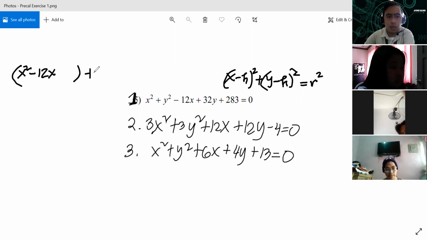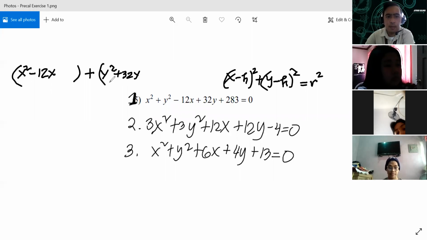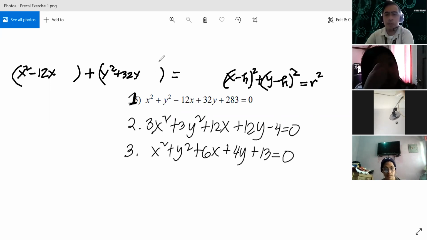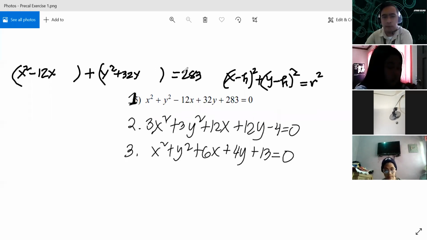And the next one is for the y: y squared plus 32y. Then the constant terms should be transferred to the other side. So this 283 will be transferred to the other side. From positive, it becomes negative.